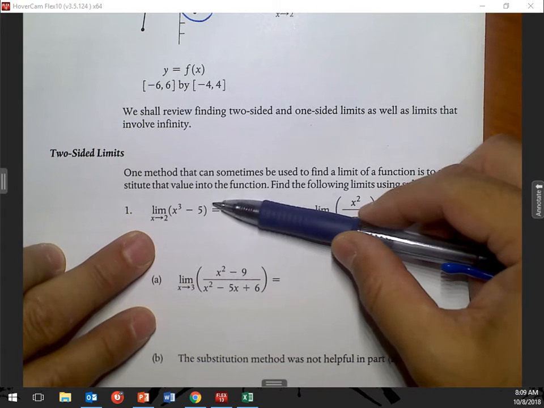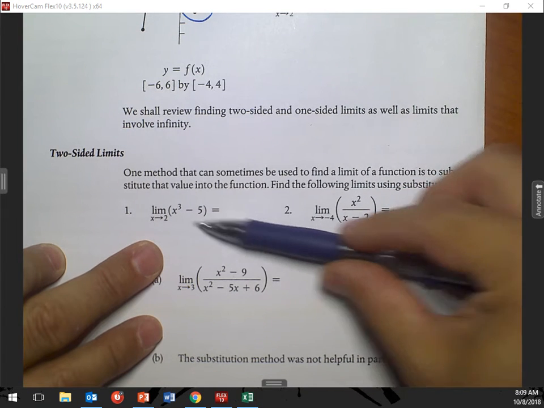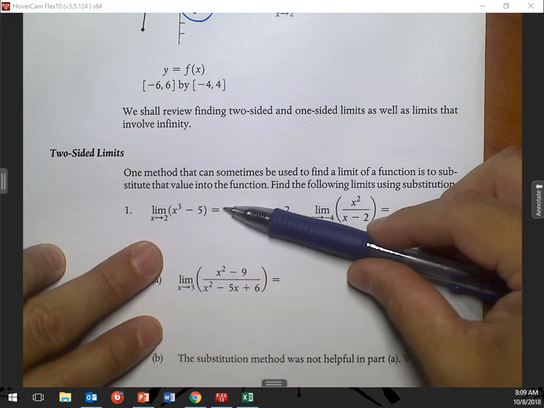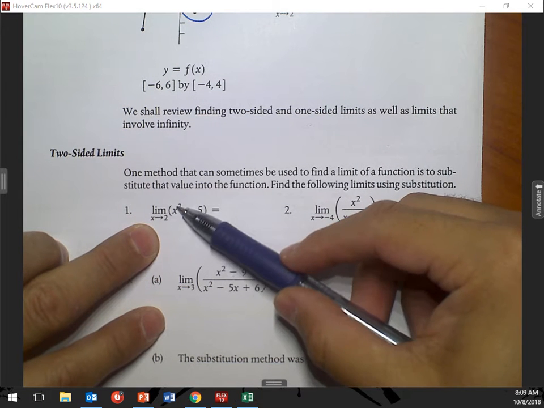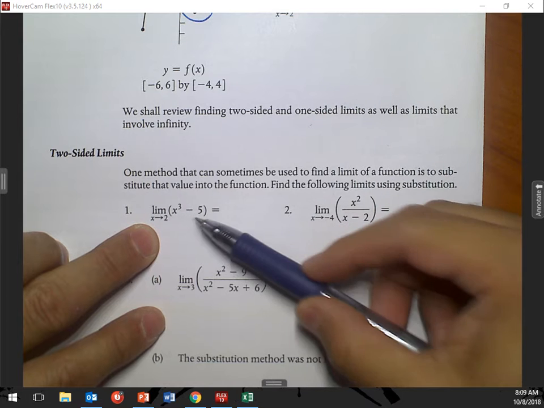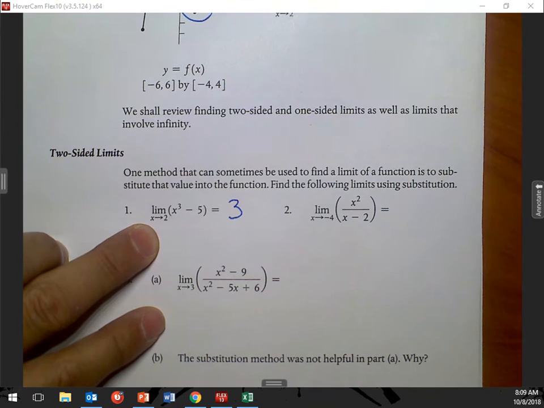No, there is none. So whenever you see a limit and you're not going to have any restrictions on the domain, you just plug it in. So 2 to the third power is 8, minus 5 is 3. Right? Okay, good.